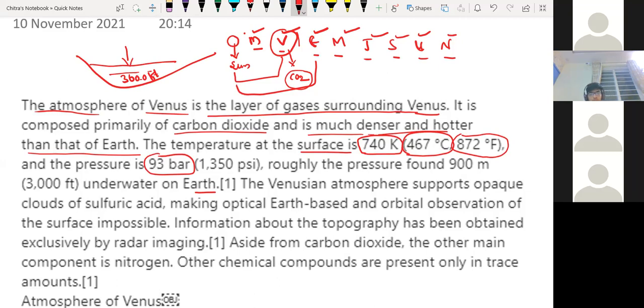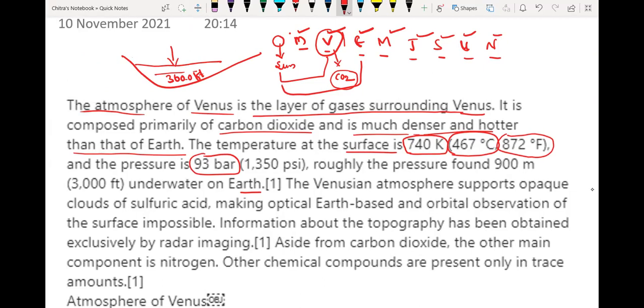The Venusian atmosphere supports opaque clouds of sulfuric acid. Opaque cloud means very little light is incident on the surface of Venus, and those clouds are made up of sulfuric acid. The formula of sulfuric acid is H2SO4.